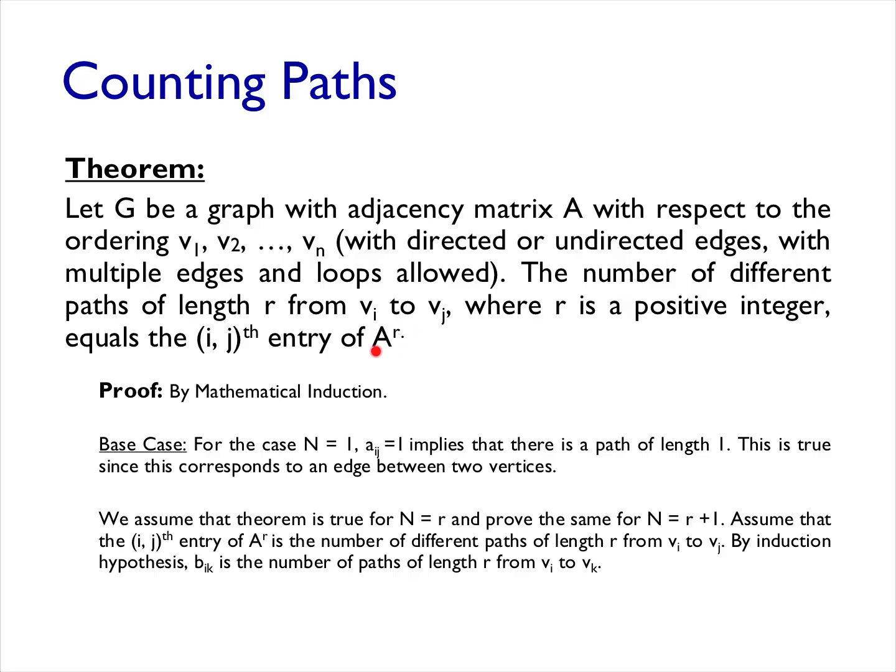Then go to that A to the power R matrix, pick the element in row number i and column number j, and the value in that element is going to tell you how many paths with length R there are between vertex Vi and Vj.